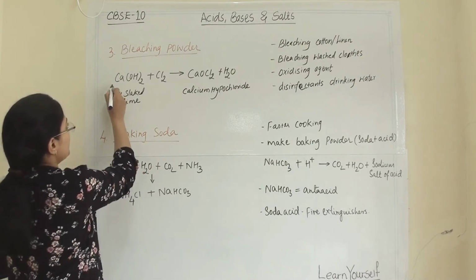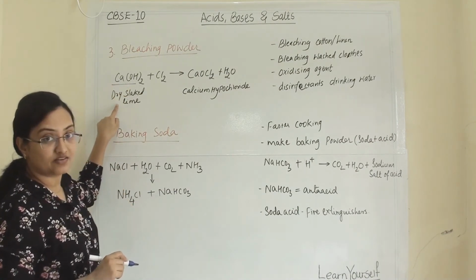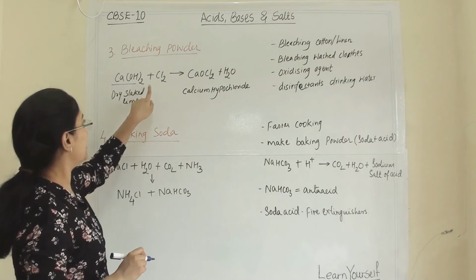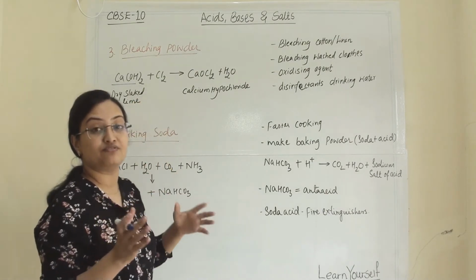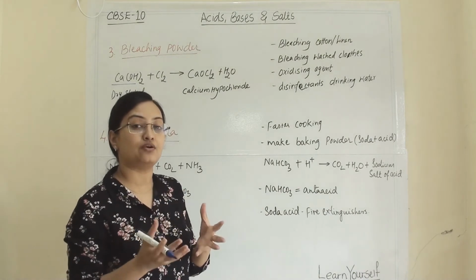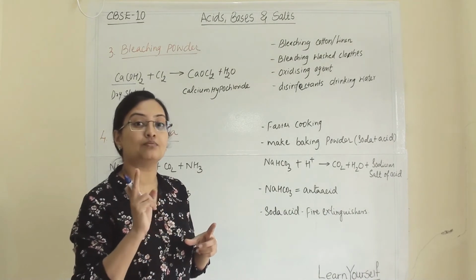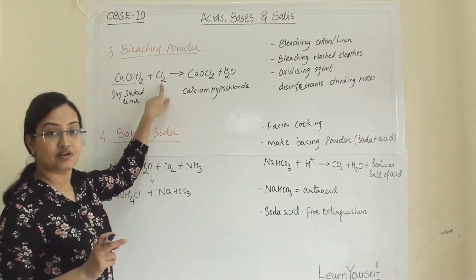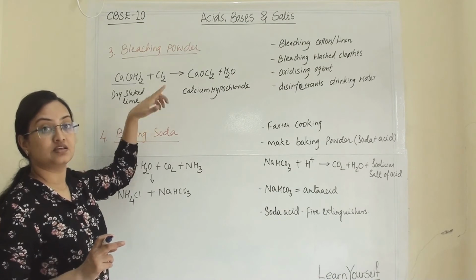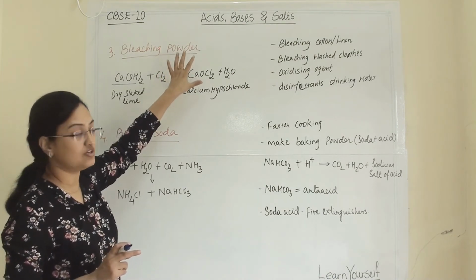We know that calcium hydroxide, also known as dry slaked lime, reacts with chlorine. Earlier we discussed the manufacturing process of sodium hydroxide. From that process, one of the byproducts was chlorine gas. So you can also write chlorine gas in the manufacturing process of bleaching powder.